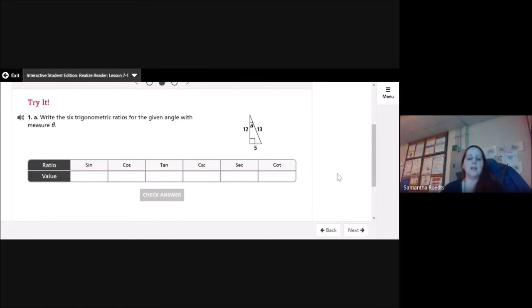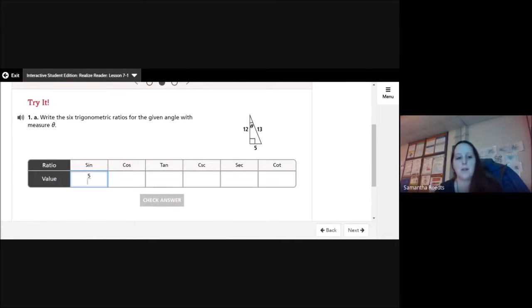So let's try it. Write the 6 trigonometric ratios for the given angle with measure theta. Remember SOHCAHTOA. So SOH, that's my opposite. So here's my hypotenuse, here's my opposite. So 5 over hypotenuse, which is 13, cosine, CAH, so adjacent over hypotenuse, and then my tangent, TOA, is opposite over adjacent.